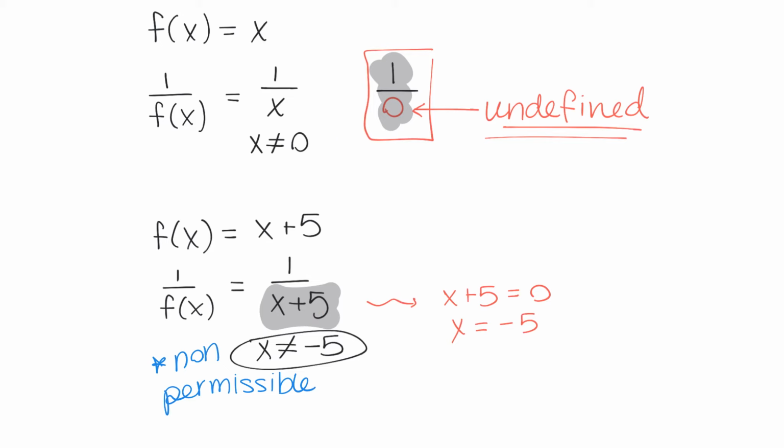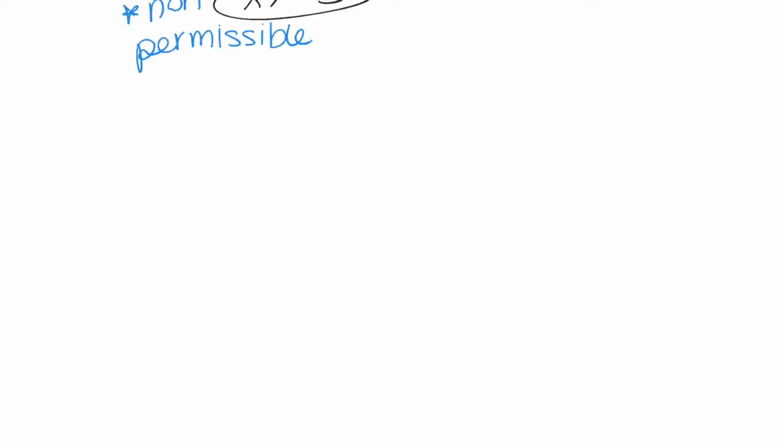Let's look at that for one more second. What if our reciprocal function is 1 over 2x + 3? If I need to know what my non-permissible value is, I'm going to take my 2x + 3, set it equal to 0 and solve.